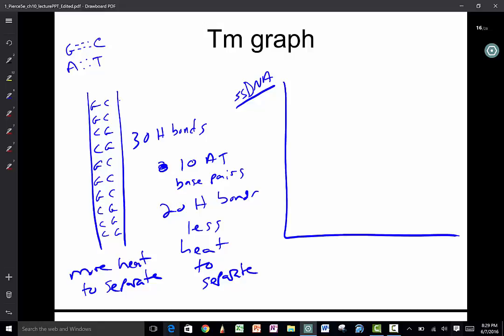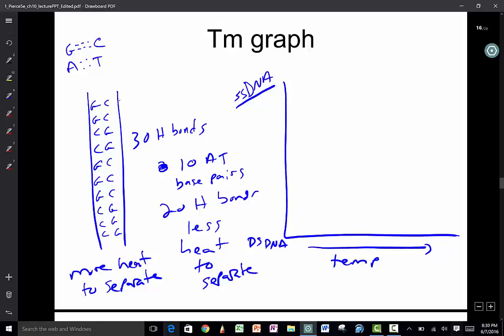So if you start out with double-stranded DNA down here, and everything's double-stranded, and then we increase the temperature, the DNA is going to start out double-stranded, and then it's going to start to become single-stranded, and eventually it'll all become single-stranded. So this is denatured now, and it's single-stranded DNA.